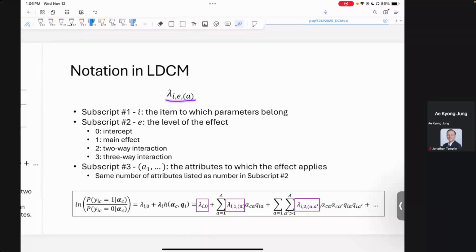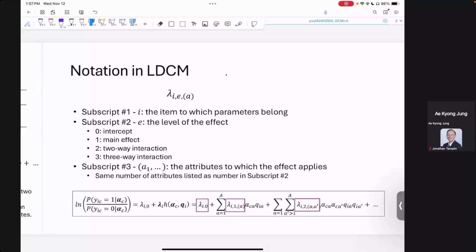This lambda is what you just saw here. It can be intercept, main effect, or 2-way interaction, depending on this E. If E is 0, it means intercept. If it is 1, it's a main effect. If it is 2, it's a 2-way interaction. 3 is a 3-way interaction. And this A is the attribute to which the effect applies.